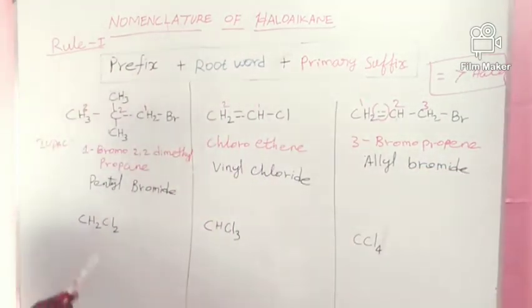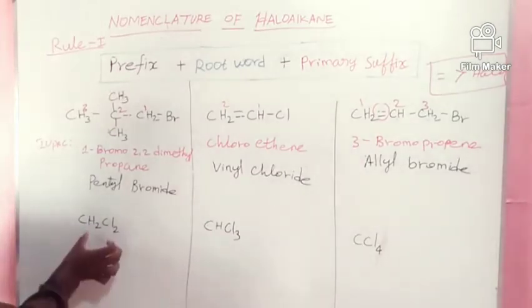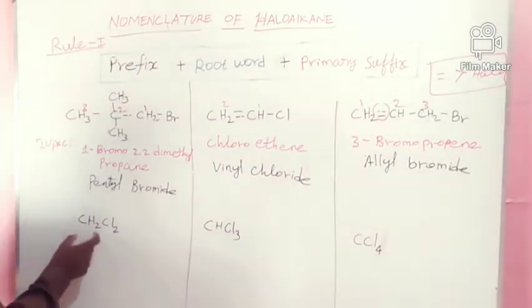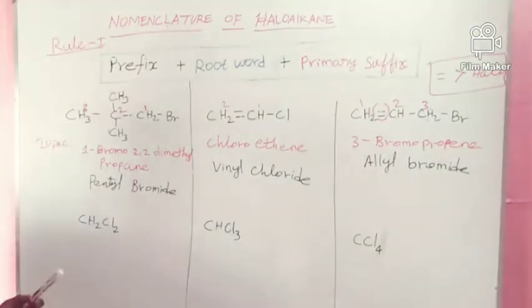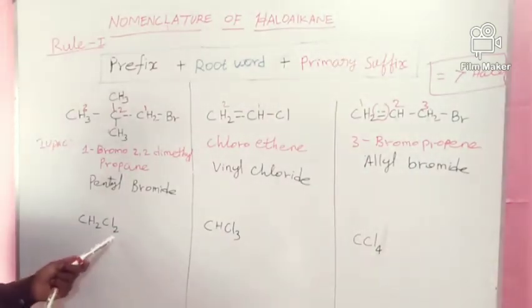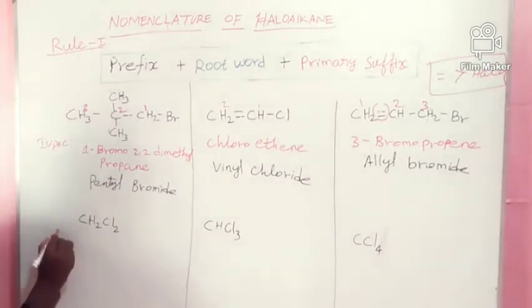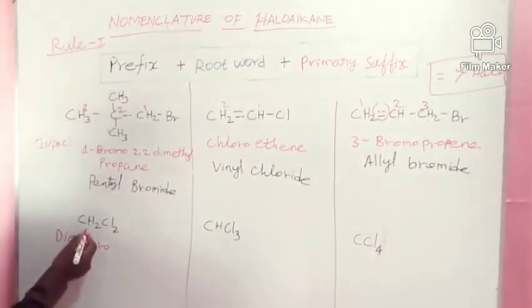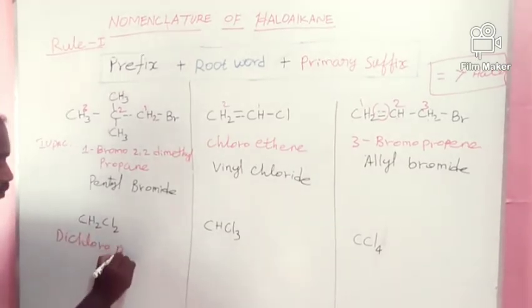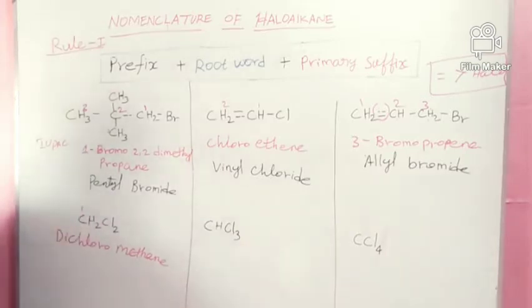So next, this one has 1 carbon and 2 chlorines present. This name is dichloro. IUPAC name: dichloromethane. Only 1 carbon present, so dichloromethane.